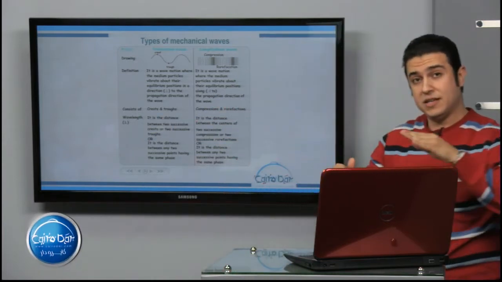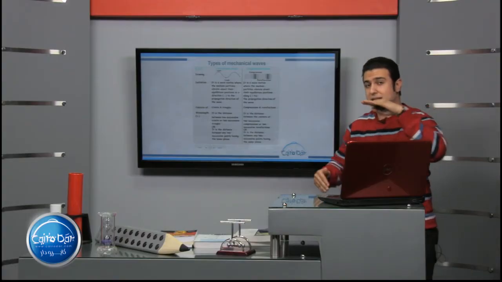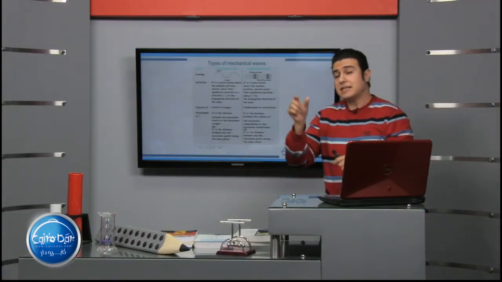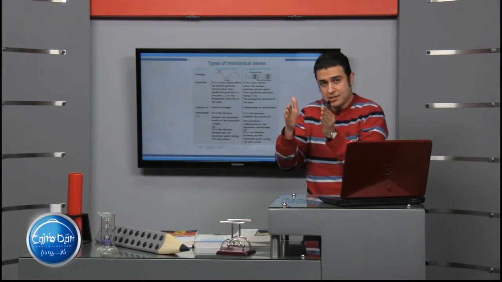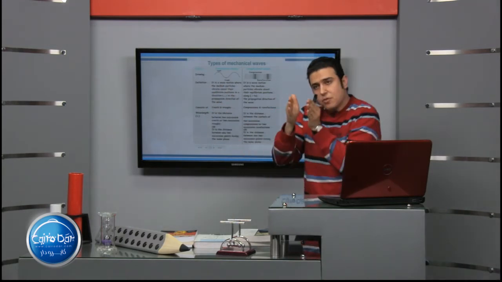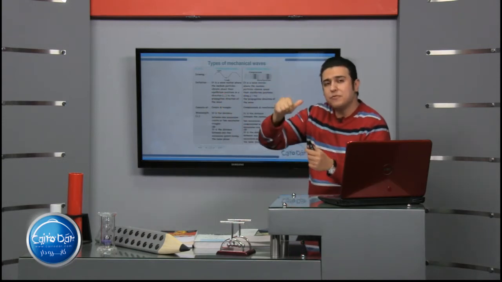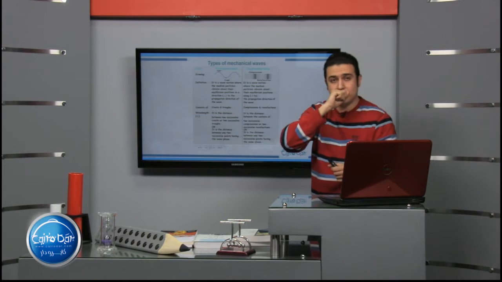If my sound propagates in this direction, the sound of course makes compressions and rarefactions. These compressions and rarefactions are represented by another type of wave, which is the longitudinal wave.